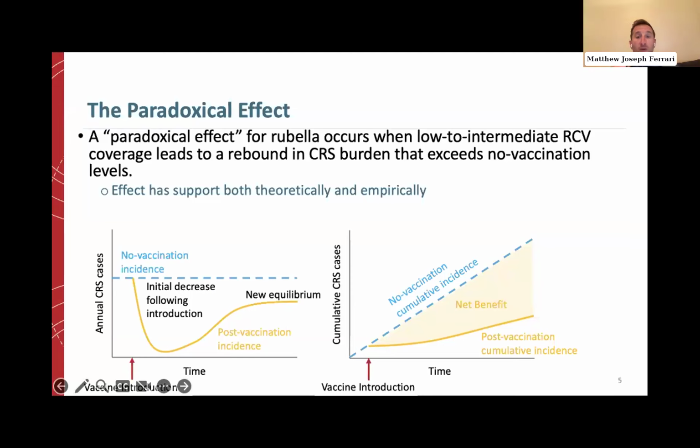We then expect a post-introduction rebound in CRS incidence after what's referred to as a honeymoon period that stabilizes at some new equilibrium annual incidence. For simplicity in this schematic, this is illustrated assuming no change in demography over time, and so both the no vaccination cases and the new equilibrium are fixed. But we'll relax that when we present some of the specific results for countries in the later slides.